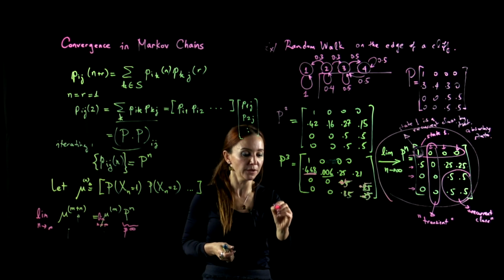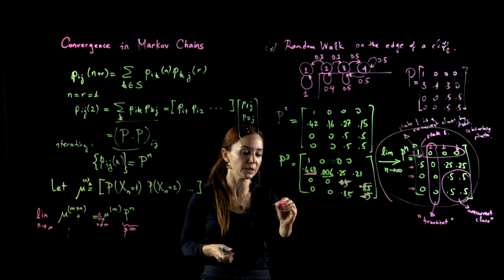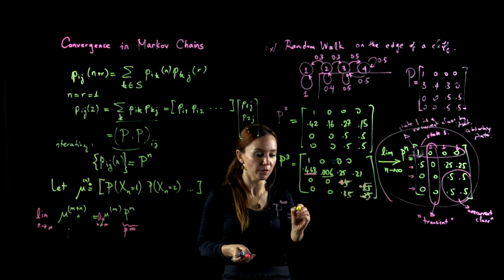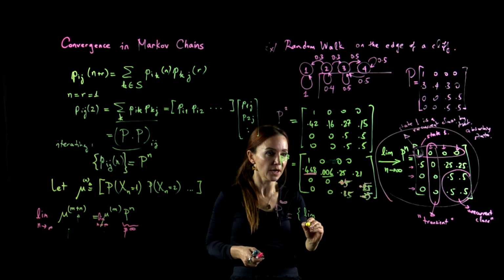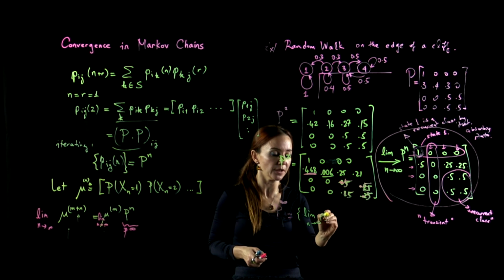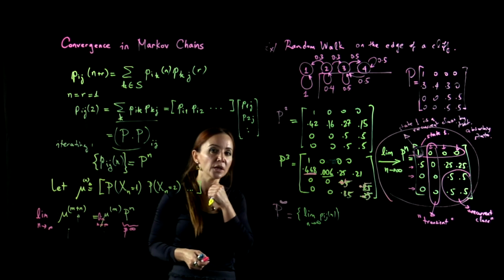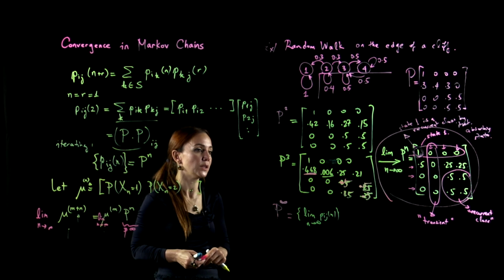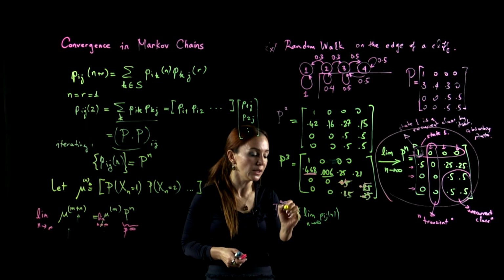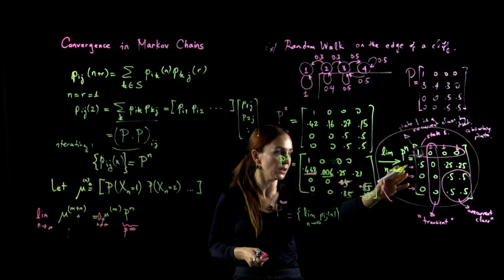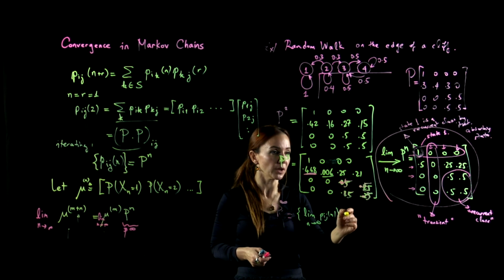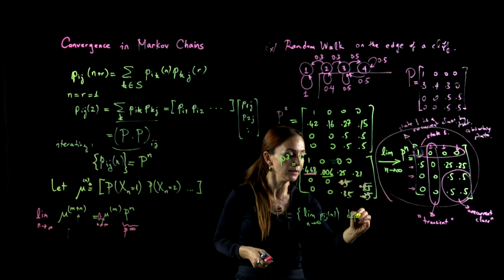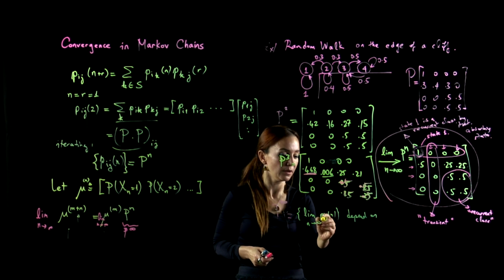Basically, this P infinity matrix is the matrix of the limit as n goes to infinity of P_ij^n, the limiting probabilities or the eventual steady state probabilities. Note that these steady state probabilities given in this matrix depend on i.